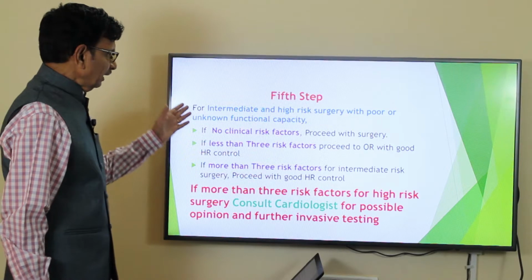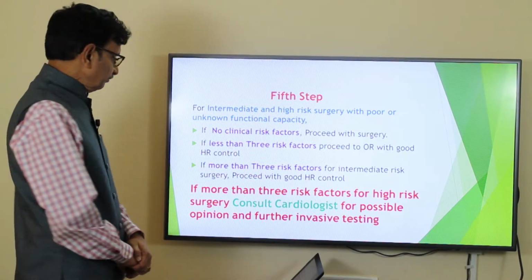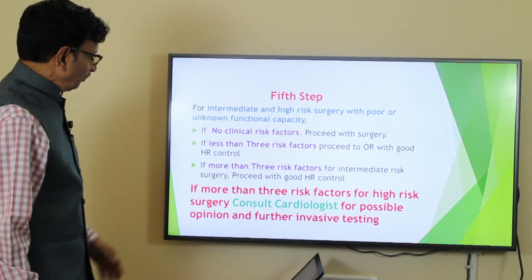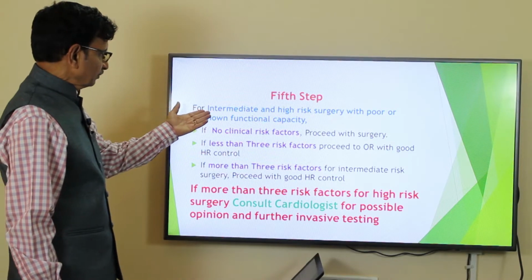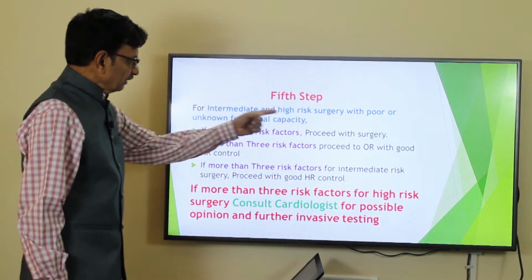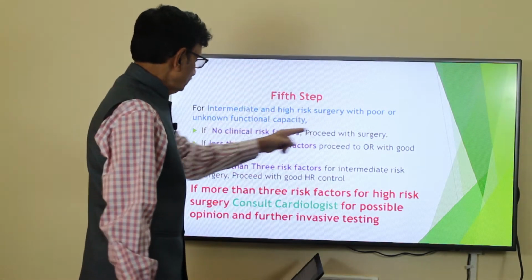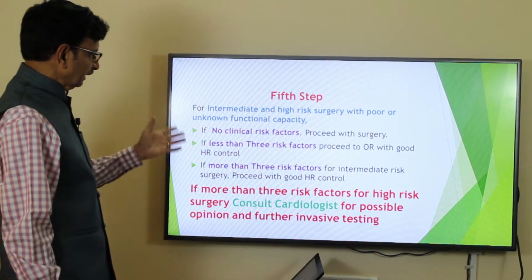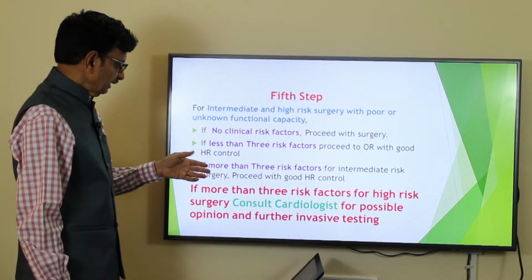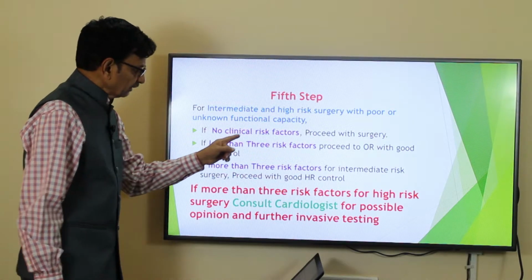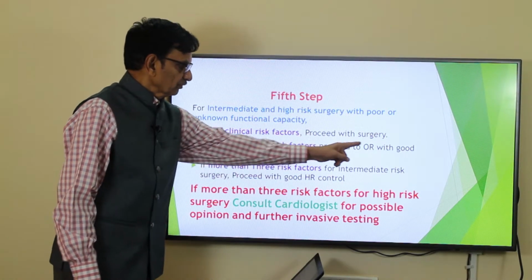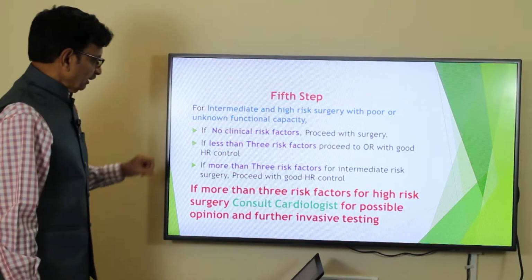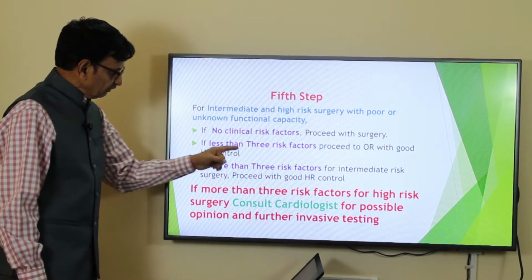Now, as we said, you have to know the clinical risk factors. Why? Because if the patient is going for intermediate or high risk surgery and you do not know the patient's functional capacity, and there are no clinical risk factors, you can proceed with surgery. Now, let us say less than 3 risk factors.